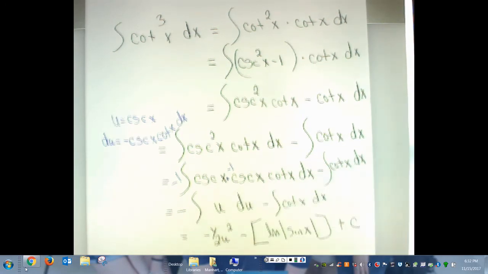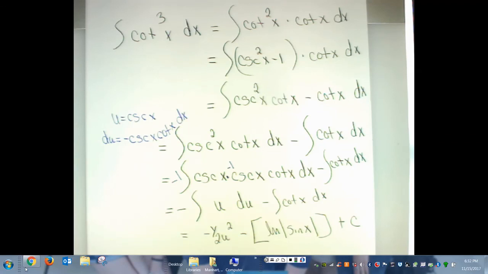And I know what you're thinking. Miss Manhart, you said you could not have u and x in the same step. I said that you cannot have u and x in the same integral. I've integrated here, and I've integrated here. But then I have to go all the way back to x.